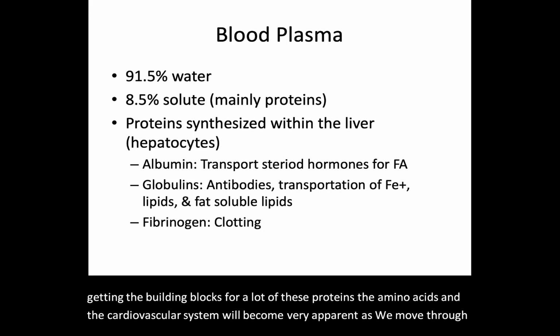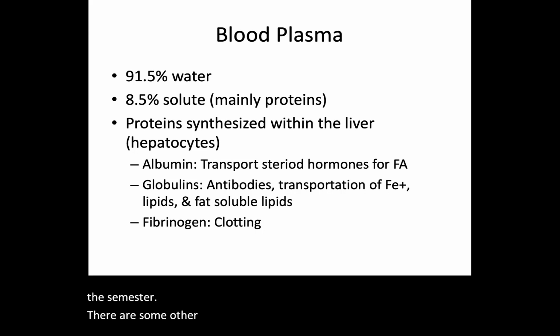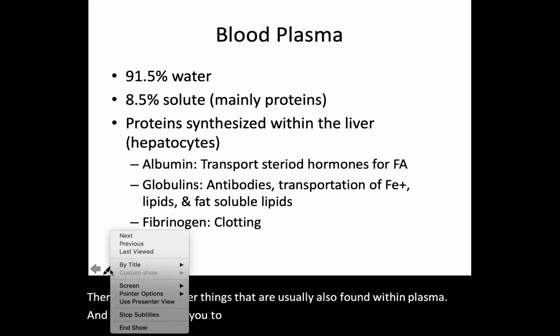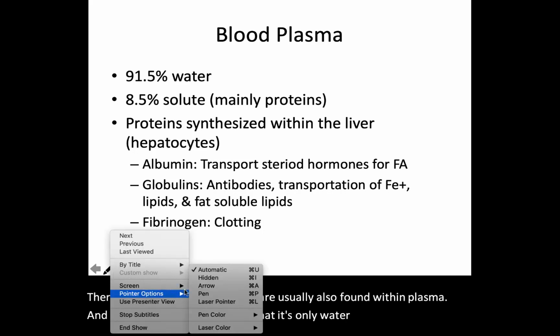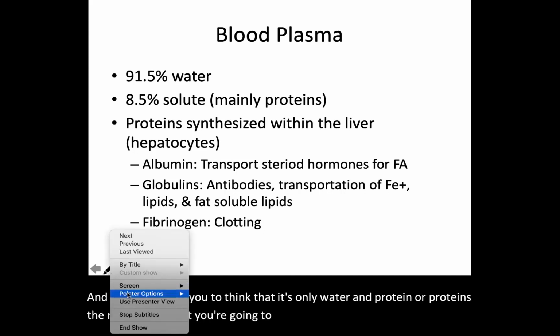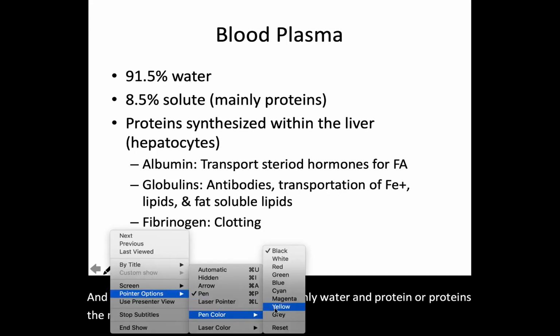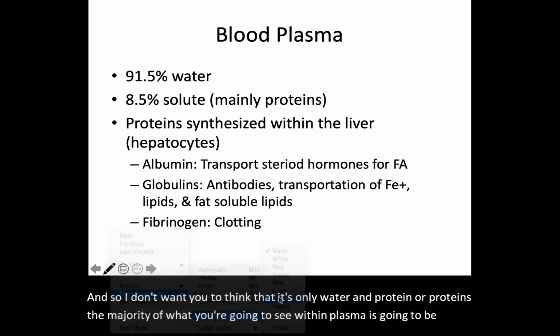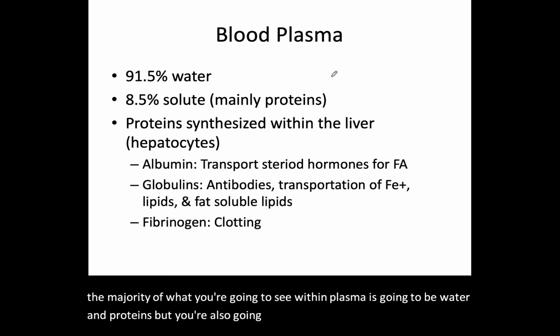Right. There are some other things that are usually also found within plasma. Right? And so I don't want you to think that it's only water and protein or proteins. The majority of what you're going to see within plasma is going to be water and proteins, but you're also going to have some other constituents in there. Right?